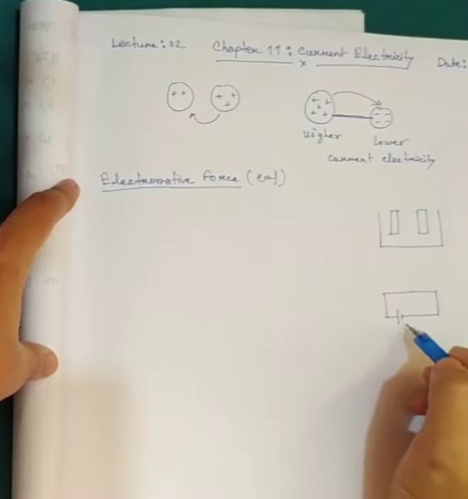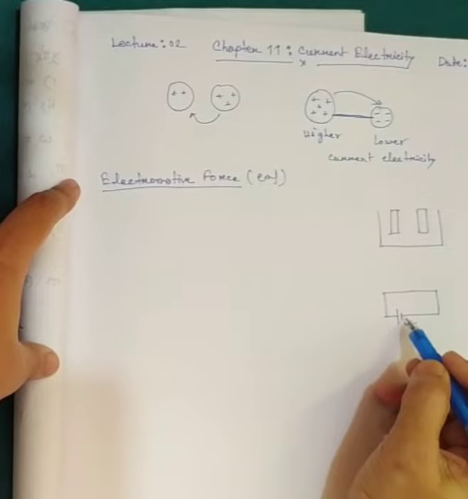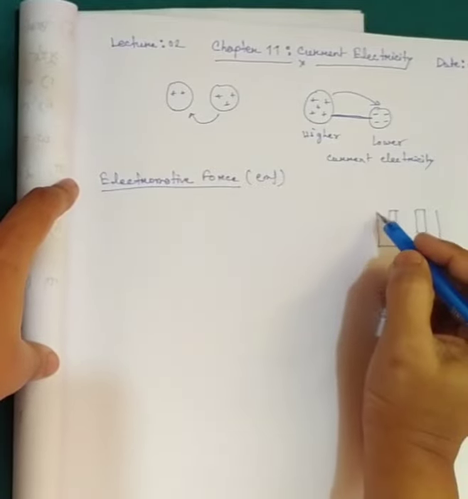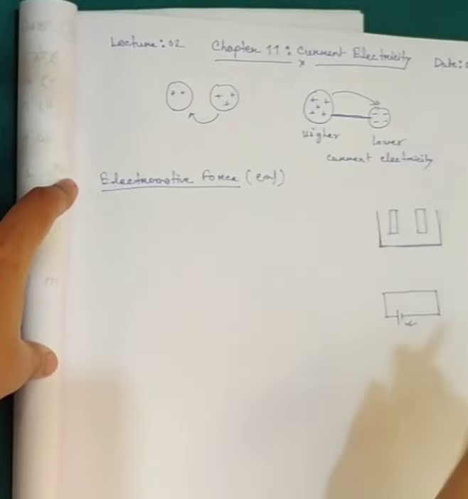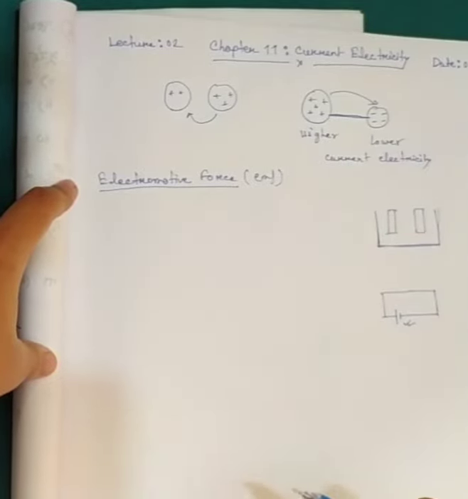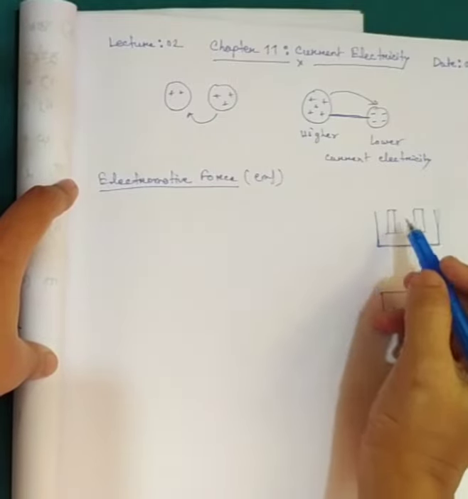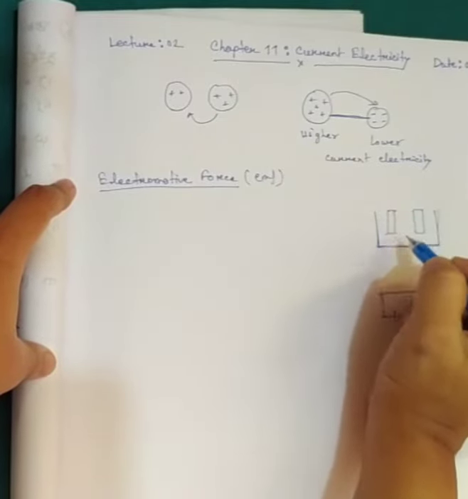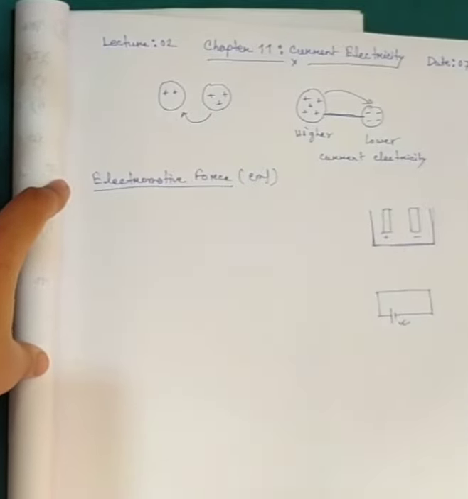This is the battery symbol. Here is the positive end and here is the negative end. As a chemical component, a battery cell has two electrodes, one positive and the other negative. The positive end is called the anode and the negative end is called the cathode.